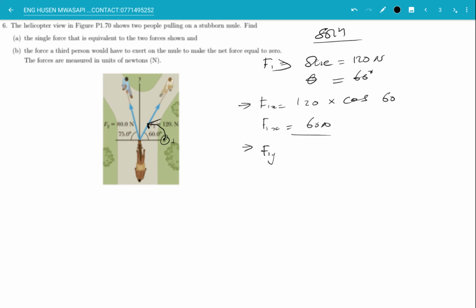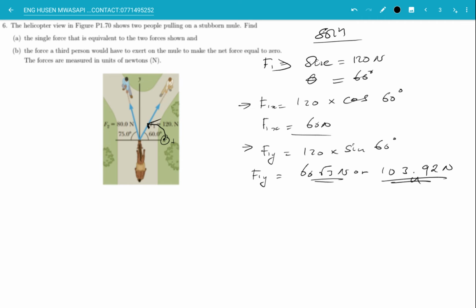F1y is equal to, remember, size times sine direction, so 120 times sine 60. So what are you going to have now? You're going to have 60 root 3 newtons, or in a different manner, 103.92 newtons. So basically that's what you're going to have.